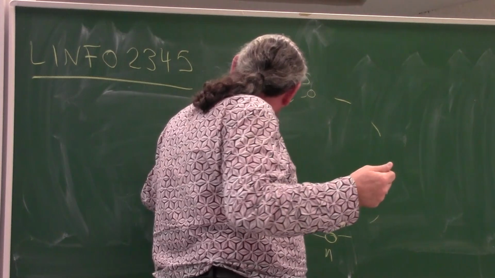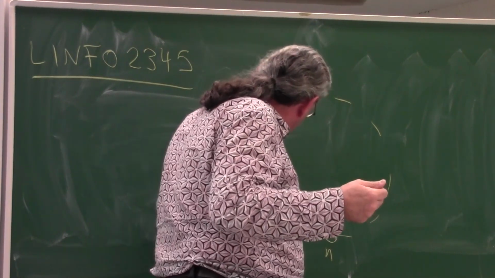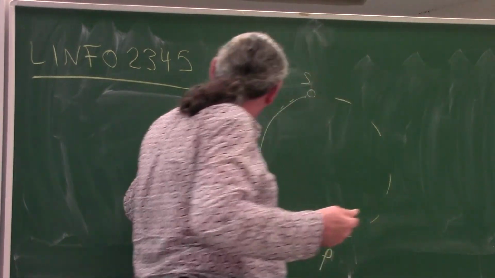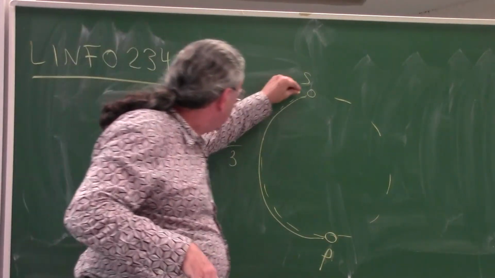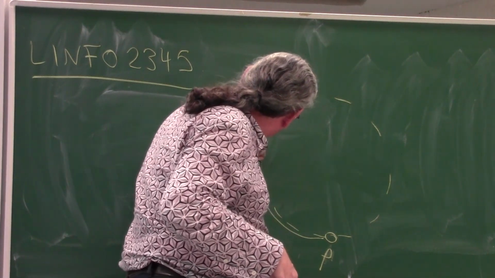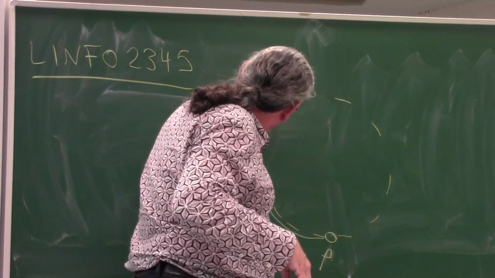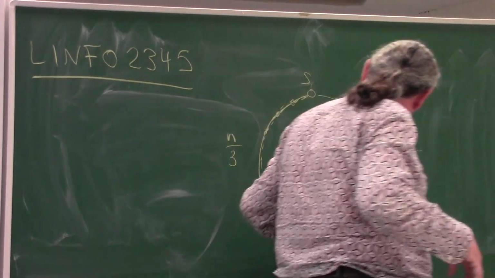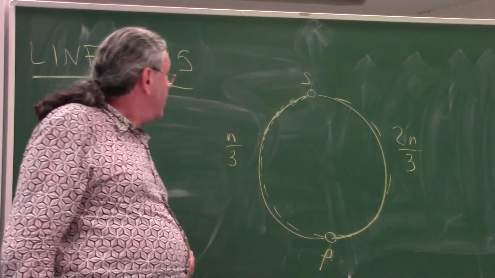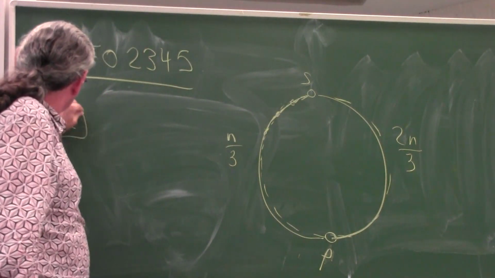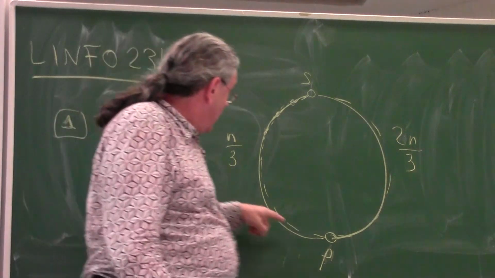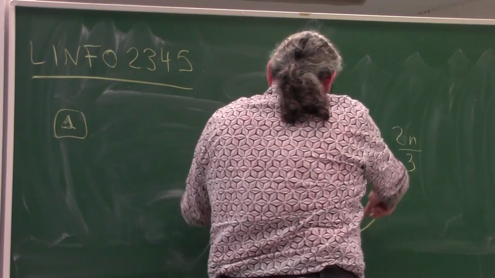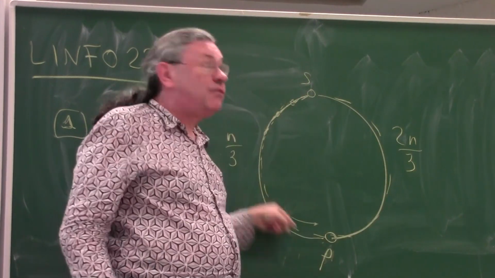So here, let me do a simple example. Let's say there's n over 3 nodes going down. Let me call this node n over 3. So n is some big number. I'm not going to draw it. So this is like a bunch of nodes going down. And here on the other side is 2n over 3 going here. Okay. So if the messages all take 1, then the fastest path will, when these go down, the P node will receive first from the left side, right?